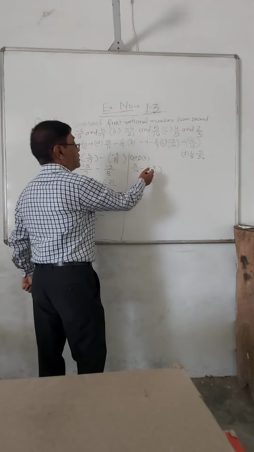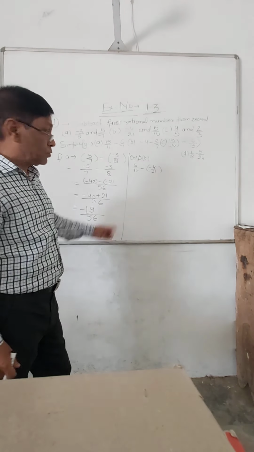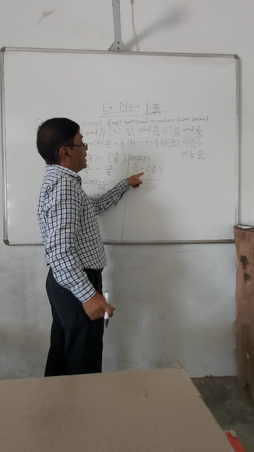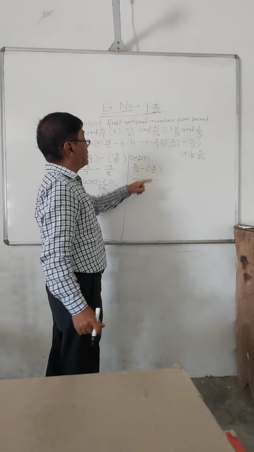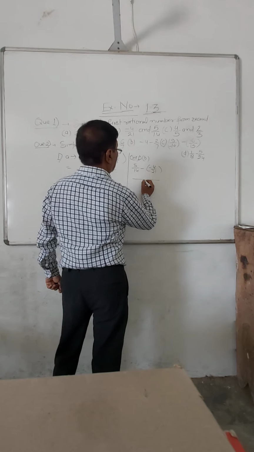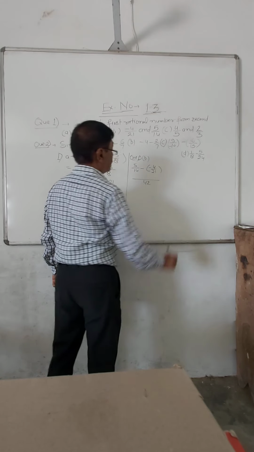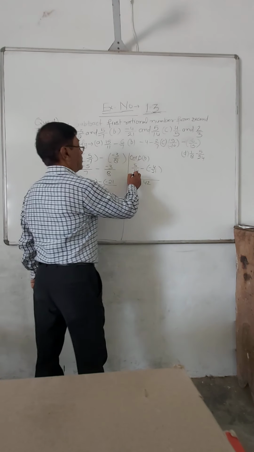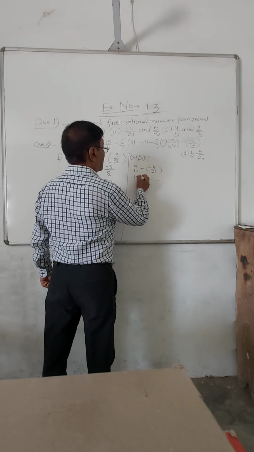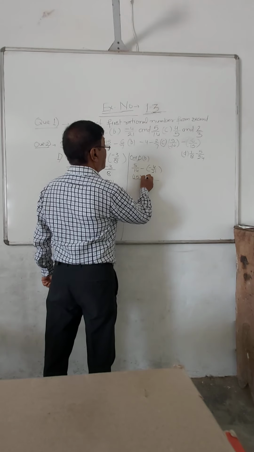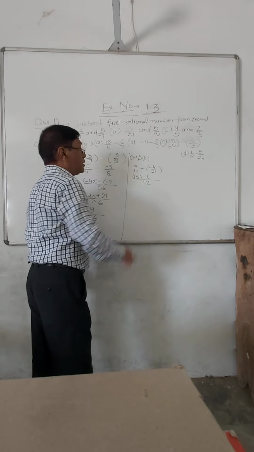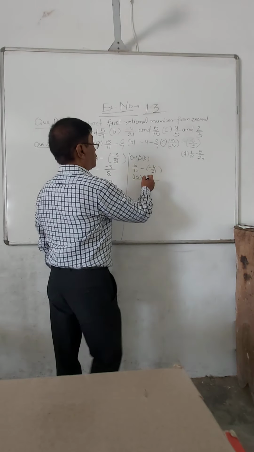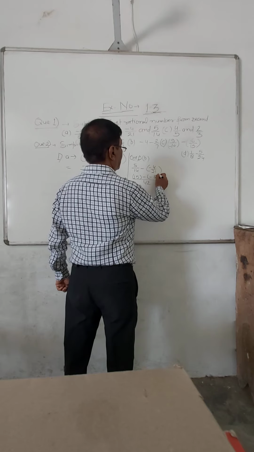Here the denominator is already positive, so no need of doing anything. Take the LCM of 14 and 21. The LCM will come 42. 14 times 3 is 42, and 3 times 5 is 15. Minus, 21 times 2 is 42, so minus 8.